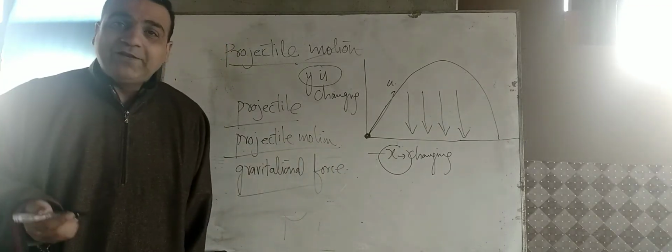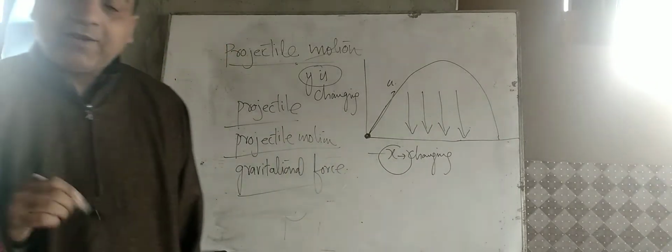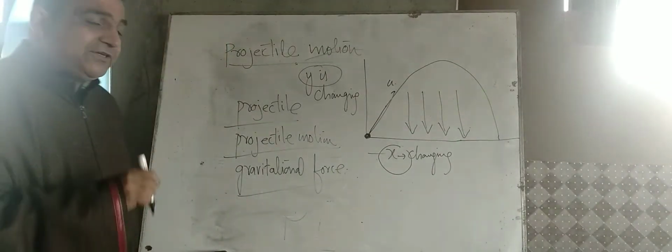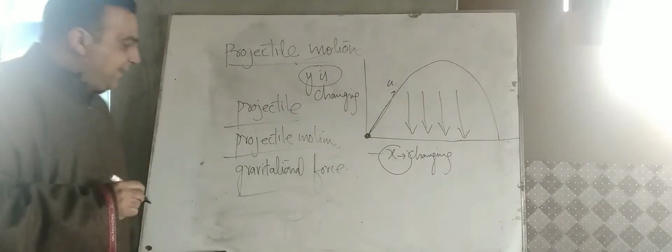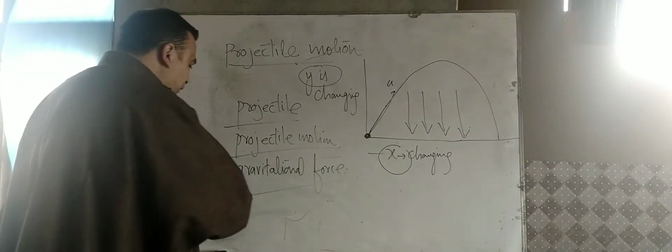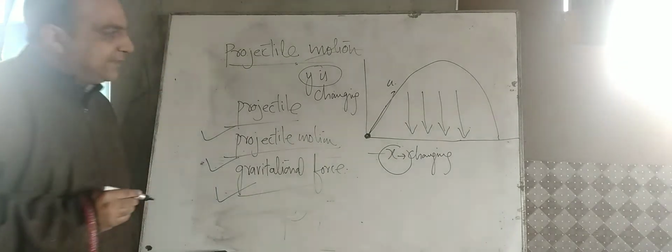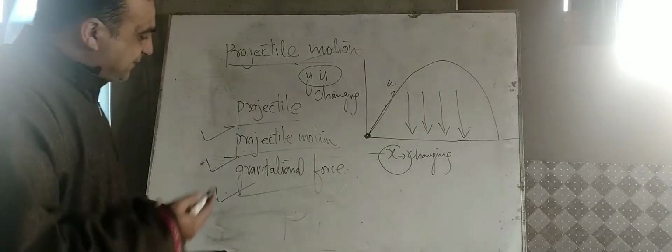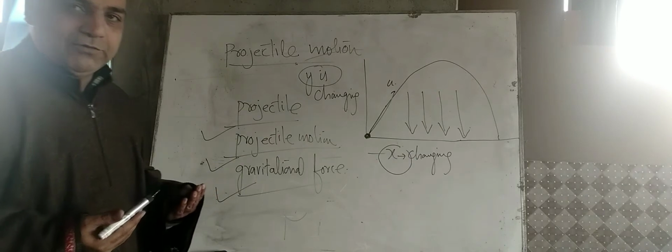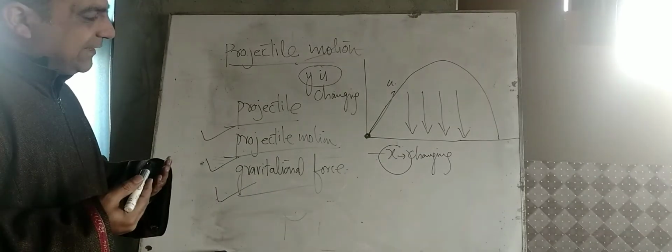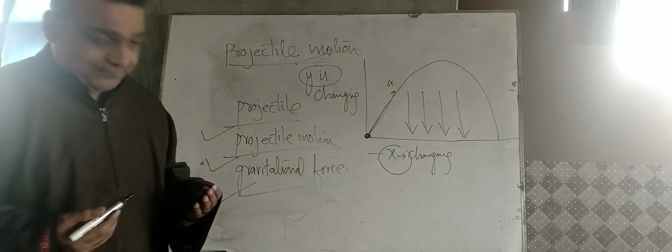And this gravitational force is always directed towards the center of the earth. It's always directed towards the ground. Now, the next important point for projectile motion is that the acceleration due to gravity is only vertical in nature.